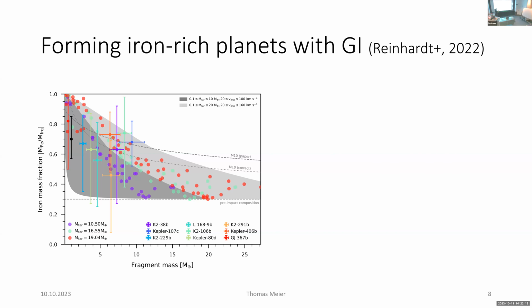There are two shaded regions, one where the target could be between 0.1 and 10 Earth masses, and the impact velocity is between 20 and 100 kilometers per second. In that case, we can only form planets in this region here. These ones need higher impact velocities to form such high iron contents.